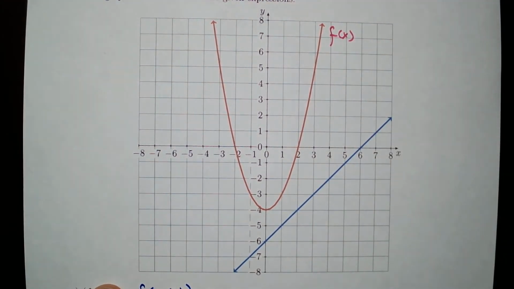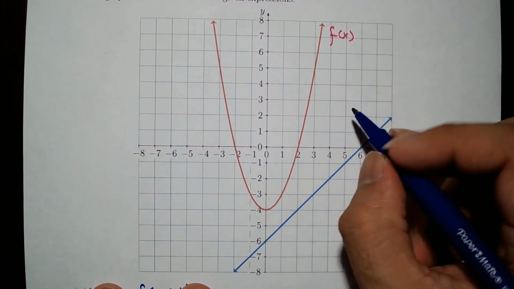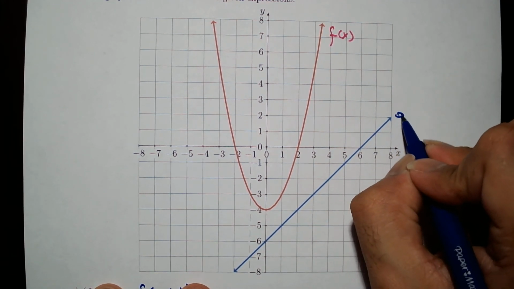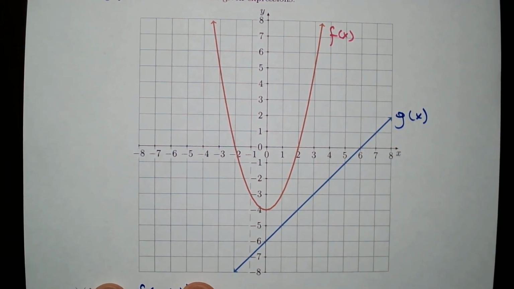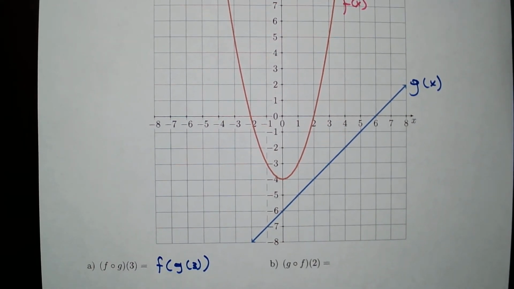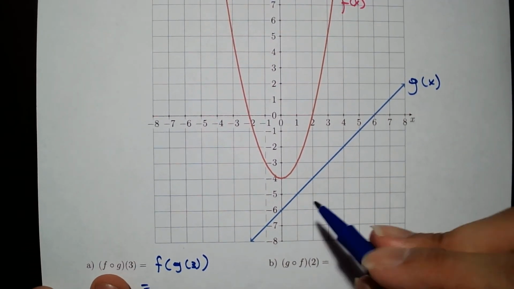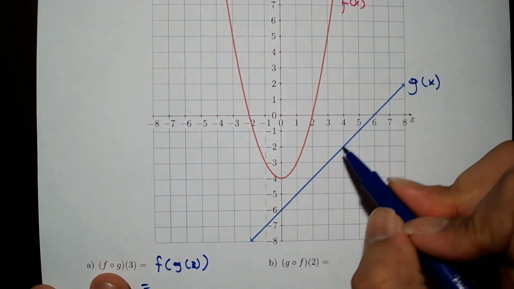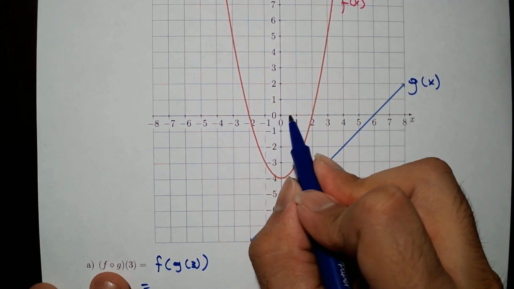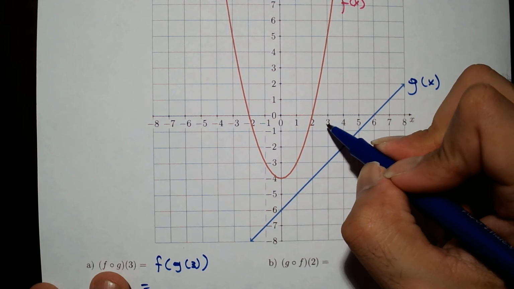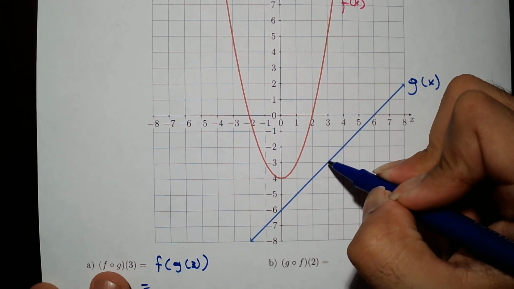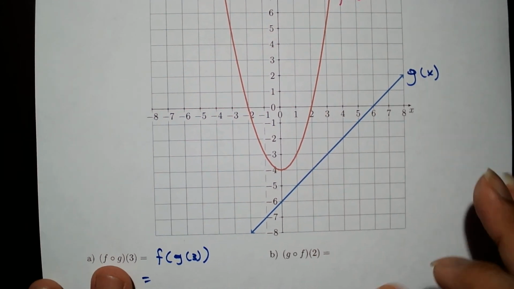The parabola will be f of x, and the line will be g of x. Okay, so looking at the line, g of 3. What is g of 3? We get it from the line. So when x is equal to 3, y, or the output, is -3.